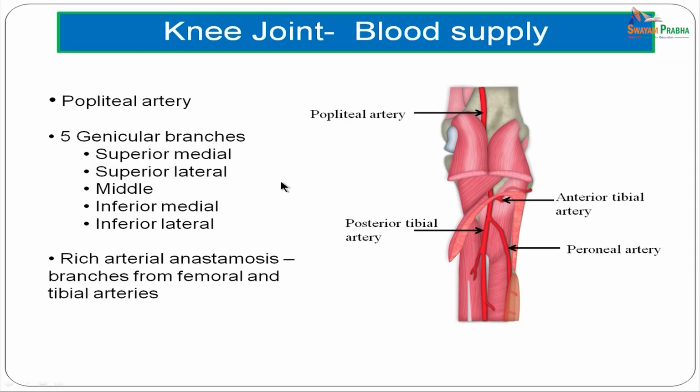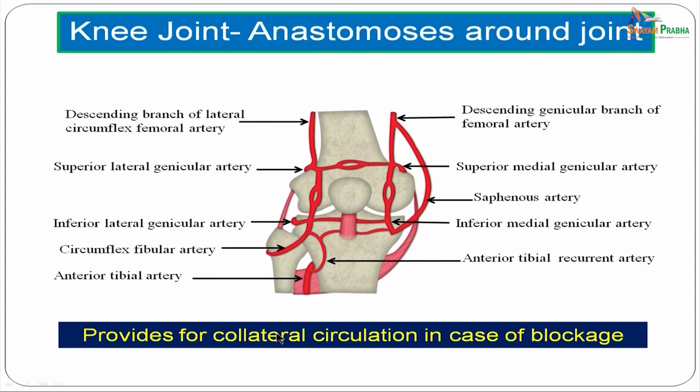Now, these 5 genicular branches have a rich arterial anastomosis with branches which are coming from the femoral and the tibial arteries. There is a rich anastomotic network around the knee joint which provides for collateral circulation in case of blockage of the circulation.